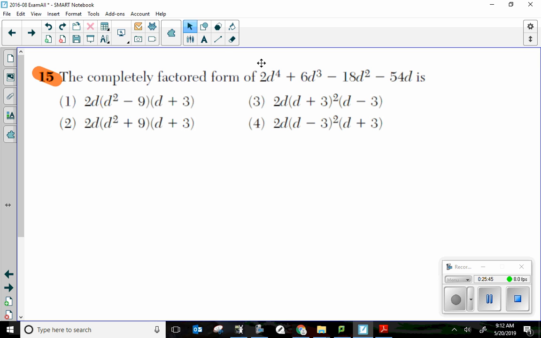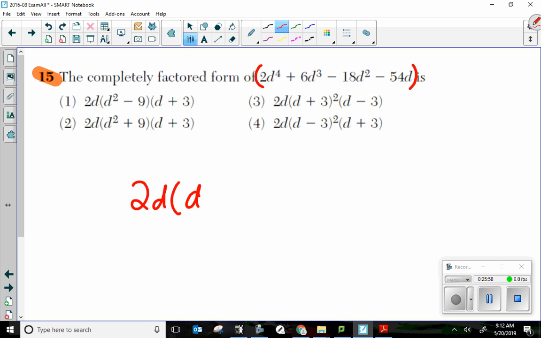For example, the first thing I'm going to do here is factor. I can take a d out of every term, but I can also take a 2 out. So I'm going to factor out a 2d. That leaves me with d cubed plus 3d squared minus 9d minus 27.